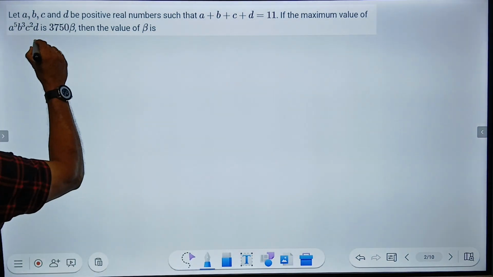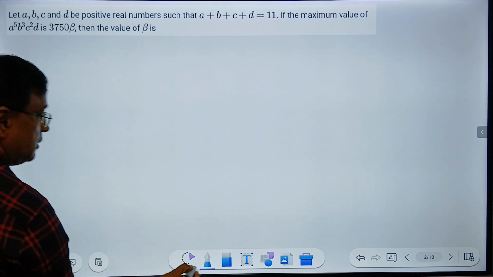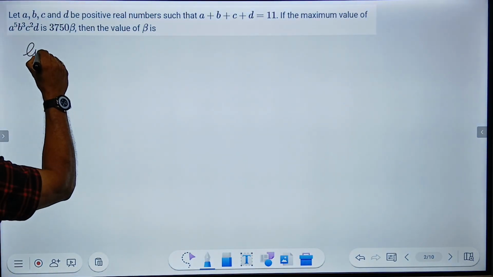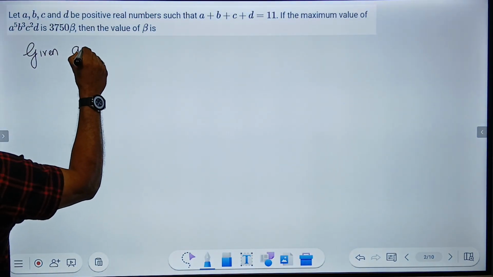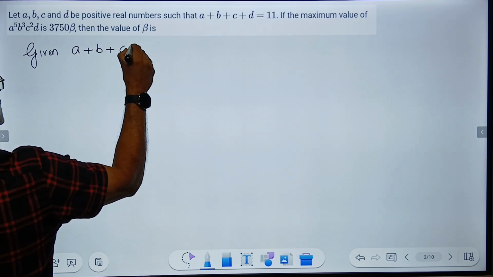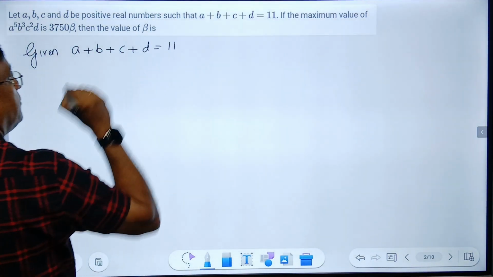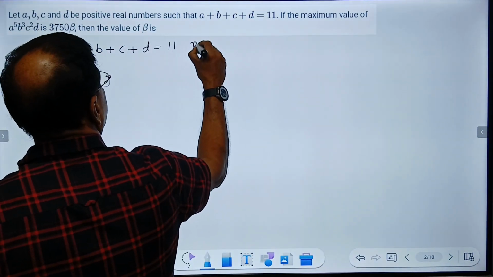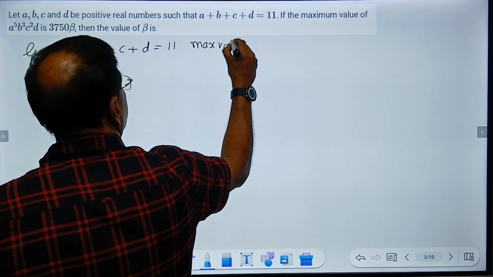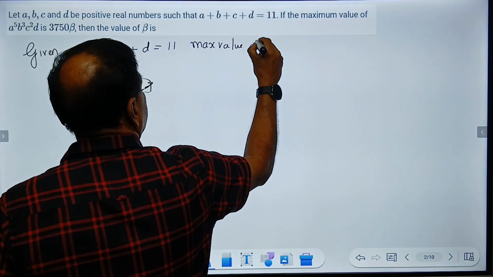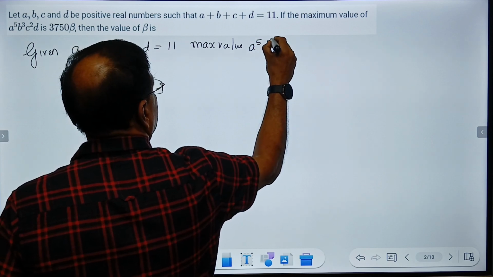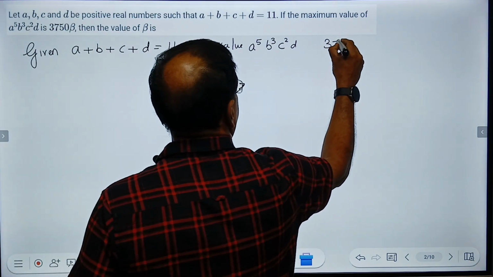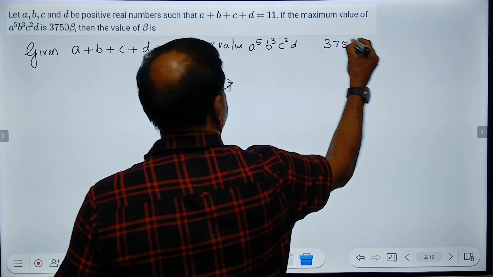For me the given quantities are that A plus B plus C plus D is 11. And one more important thing is given, that the maximum value of A power 5 B cube C square D is 3750 beta.